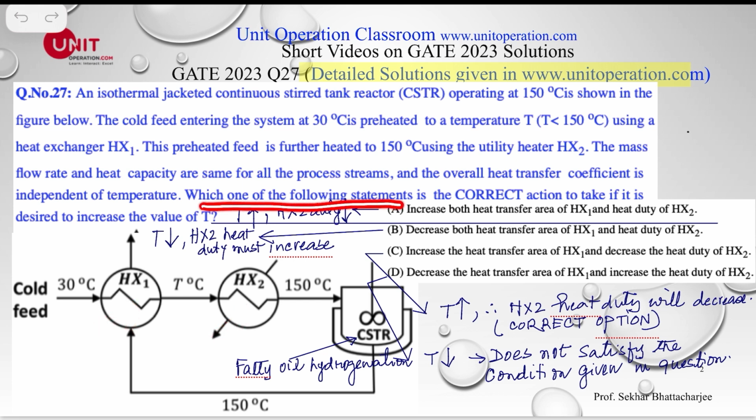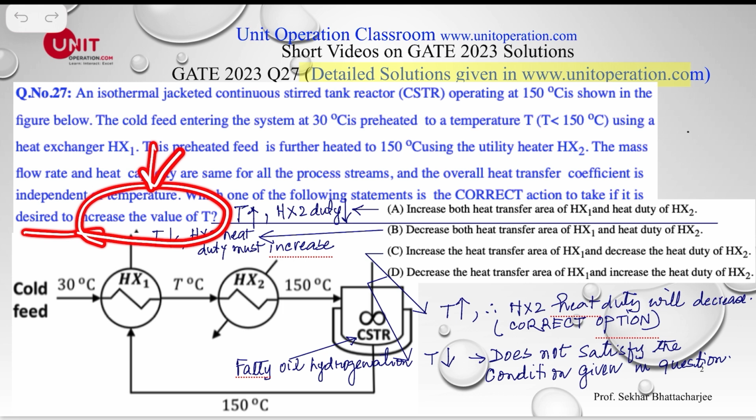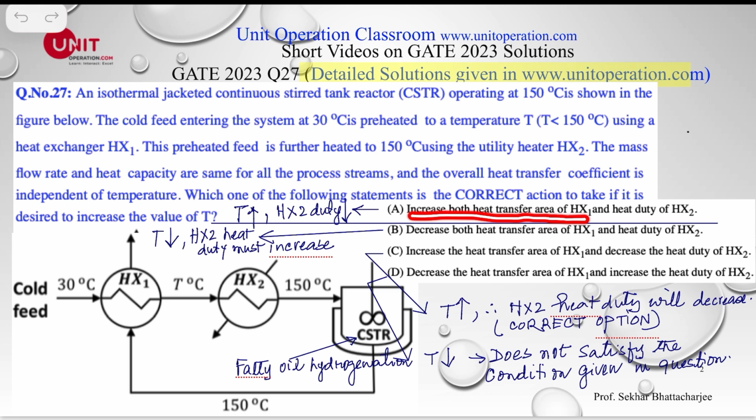Which one of the following statements is the correct action to take if it is desired to increase the value of T? That's the idea. We have to increase the value of T. Option A: increase both heat transfer area of HX1 and heat duty of HX2. If we increase the heat transfer area of heat exchanger HX1, of course, the temperature will increase.